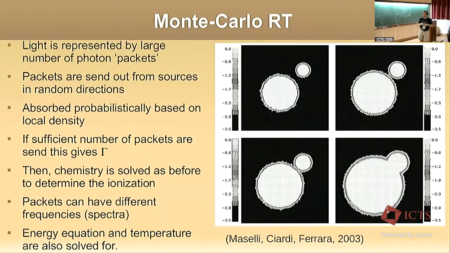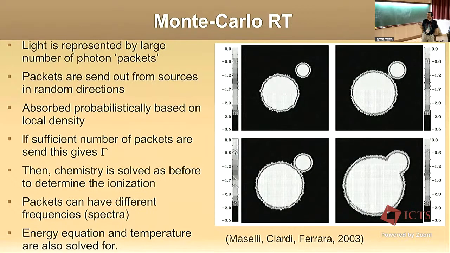And if I send enough packets, I can calculate the optical depth. I can absorb a packet somewhere, probabilistically, based on the local density. And if you send a significant number of packets, this gives the photoionization rate, and then you can solve the chemistry like we did before using some kind of solver for the differential equation.